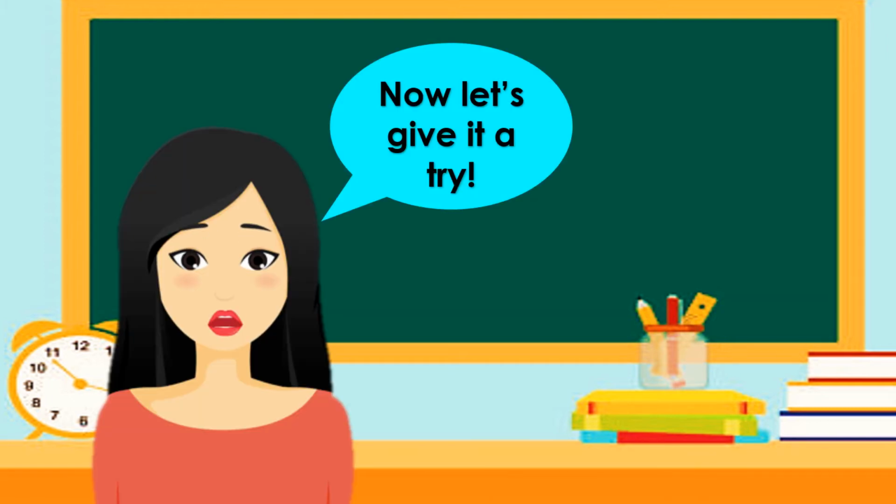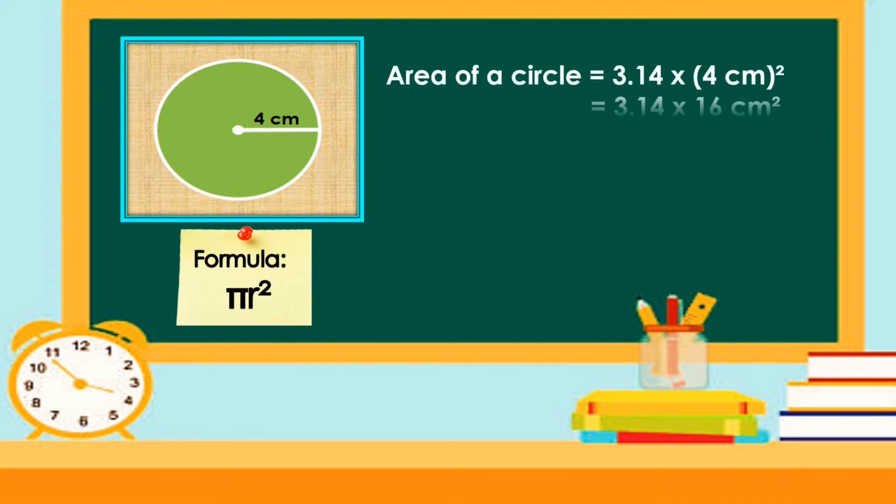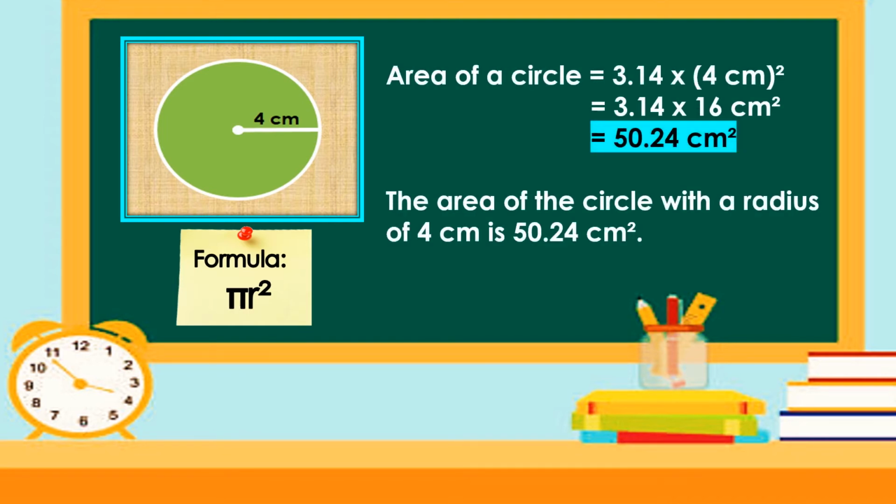Now let's give it a try. Here's a circle. Its radius measures 4 cm. What is the area of this circle? Using the formula pi r squared, we say area of the circle is equal to 3.14 times the square of 4 cm, which is 16 square centimeter.